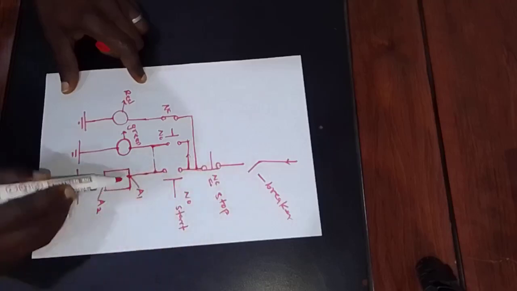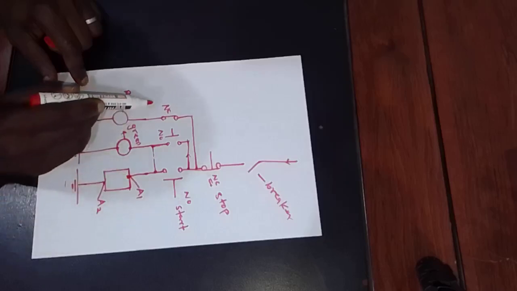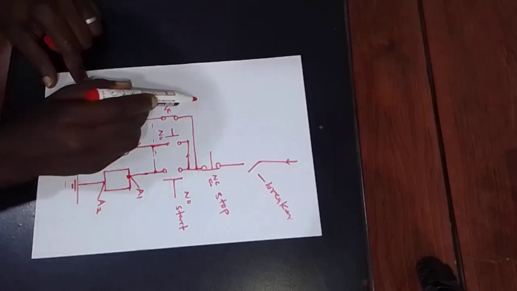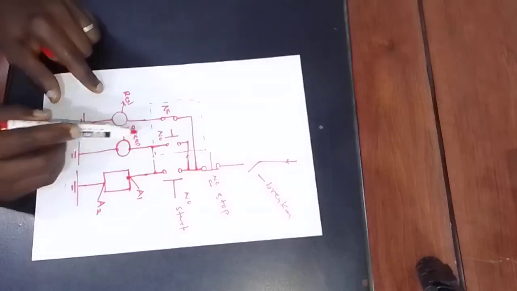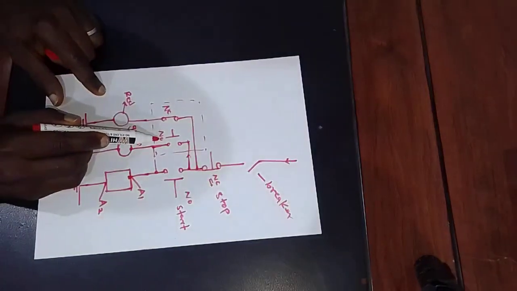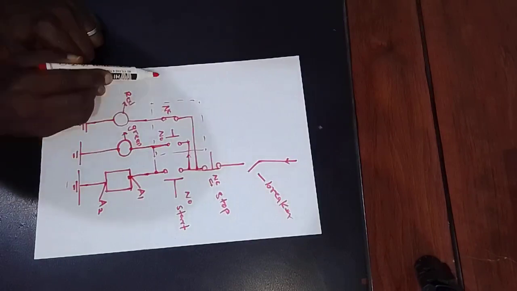As current flows, the coil is energized. As soon as the coil is energized, on the auxiliary contact section, the normally open contact closes while the normally closed contact opens.